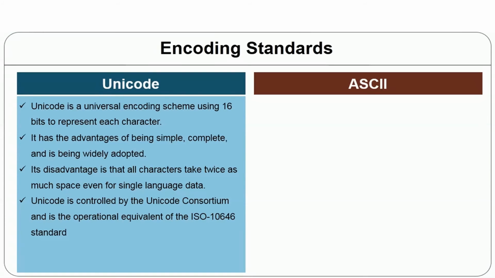It is a universal encoding scheme using 16 bits to represent each character. 8, 16, 32, these are the sequences generally used. So it uses 16 bits for a simple character. That means by using 16 bits, all characters in the world, whether Japanese, Chinese, or regional languages in India, everything can be represented. So Unicode has the advantage of giving a character encoding scheme.